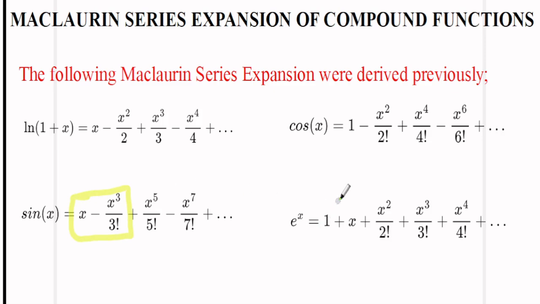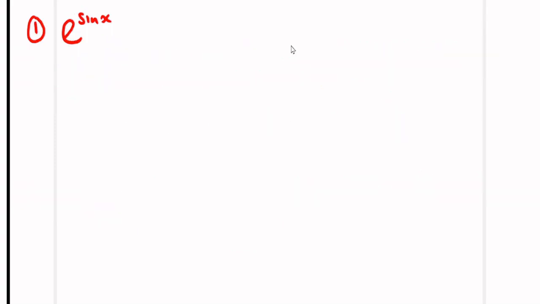Then for exponential x, we're going to write all of this because it stops at x to the power 4. If we added the next term, which is x raised to the power 5 over 5 factorial, it won't be needed because we must neglect n greater than 4. Now let's get to it.